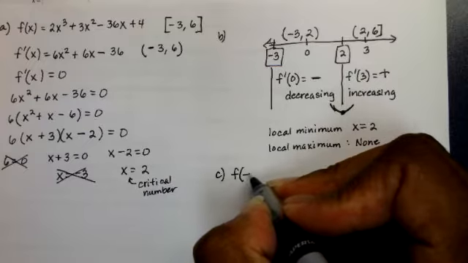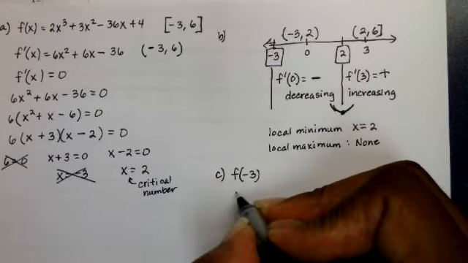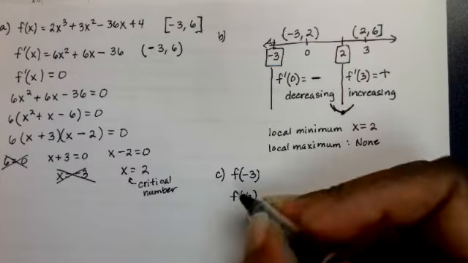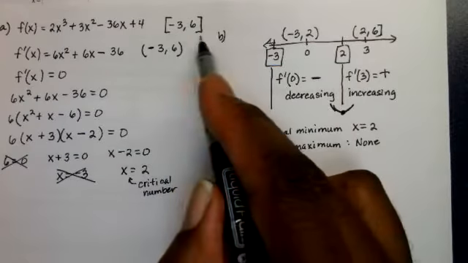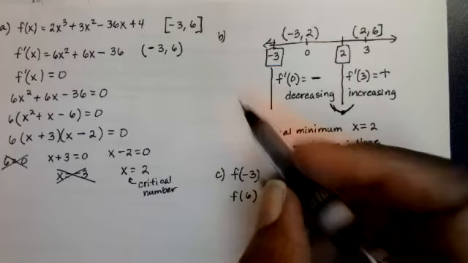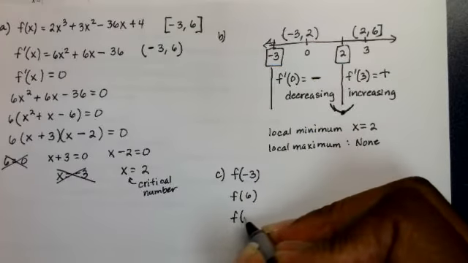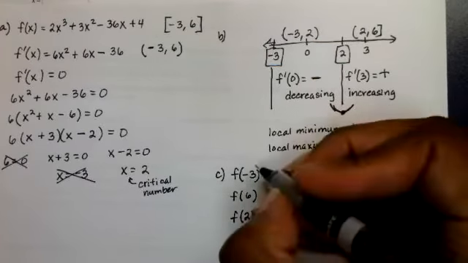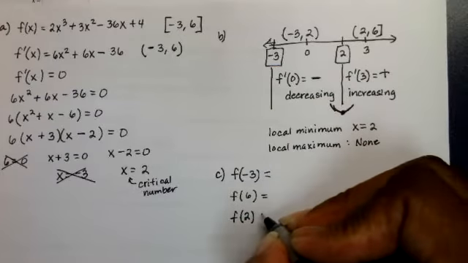So I need to evaluate f of -3 and f of 6. Those are my endpoints, -3 to 6. And I also need to evaluate f of 2, which is my local minimum.